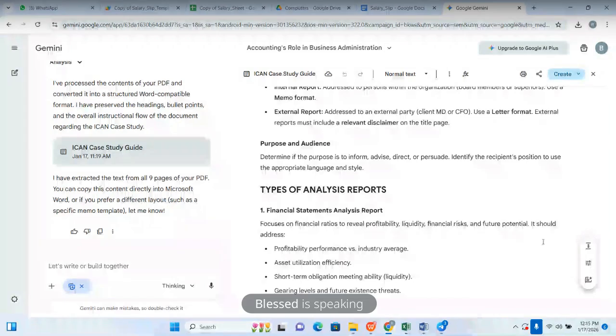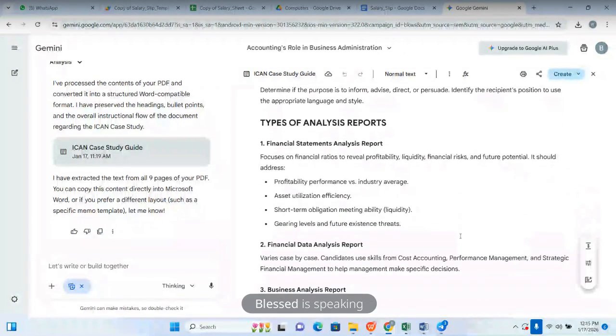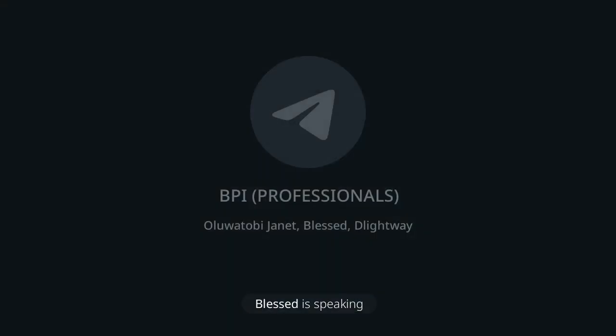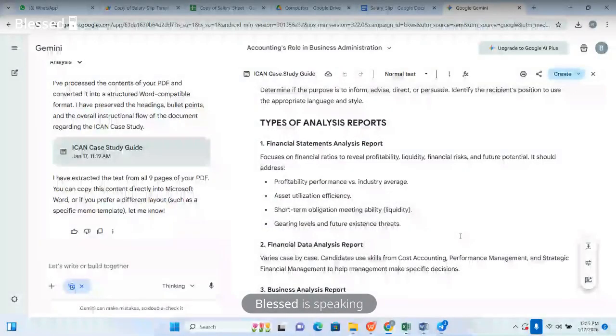So, types of analysis report. We have financial statement analysis, which focuses on financial ratios to review profitability, liquidity, financial risk, and future potential. I've talked about this the other time. When we are doing our financial analysis, we talk about ratios, and they may not even give it to you like this.